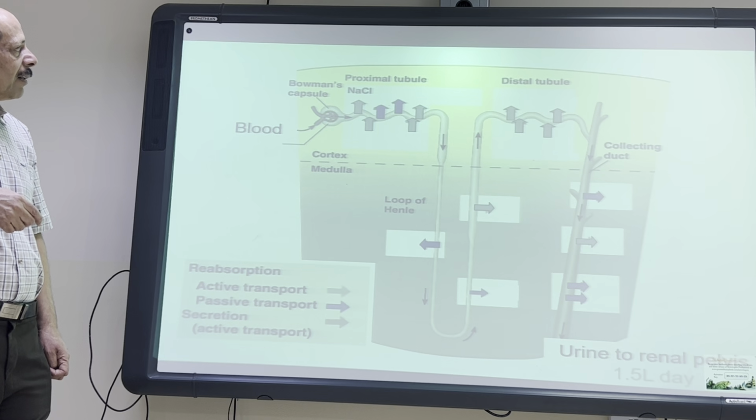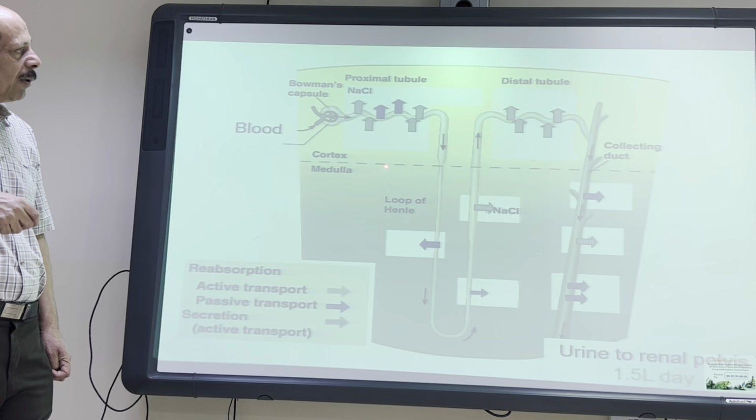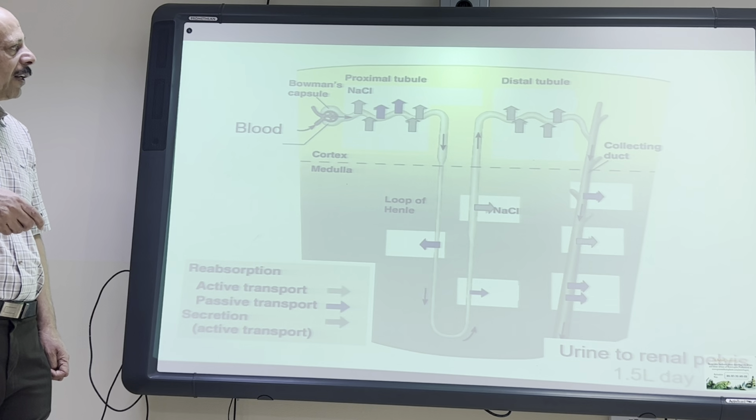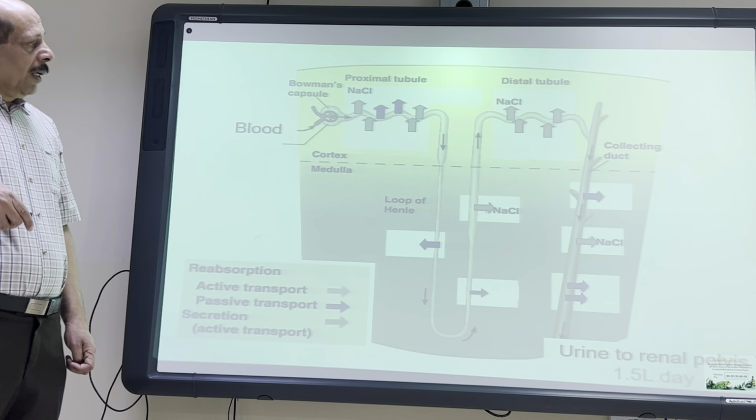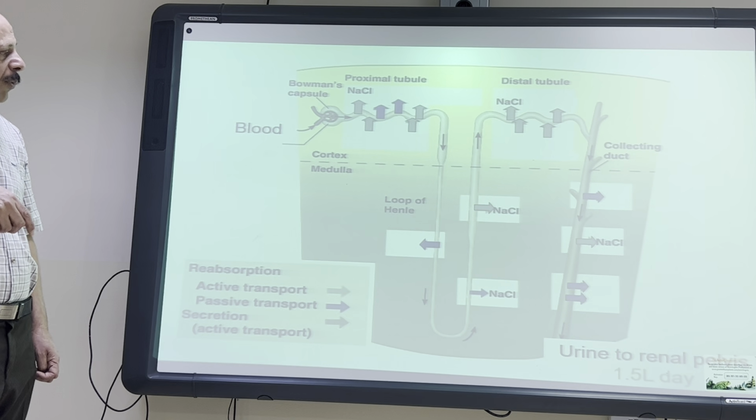It will be there in the proximal convoluted tubules, and here also. So reabsorption of sodium can happen in the proximal convoluted tubules and loop of Henle, and also the distal convoluted tubule, which is the last step. Even in the collecting tubules.